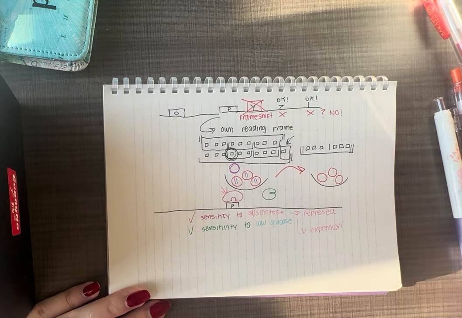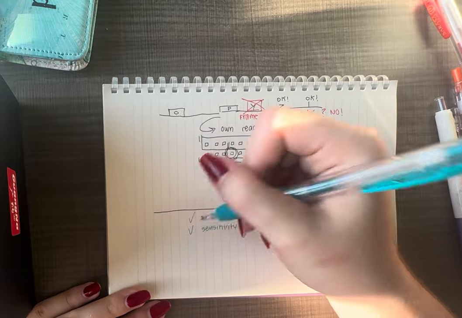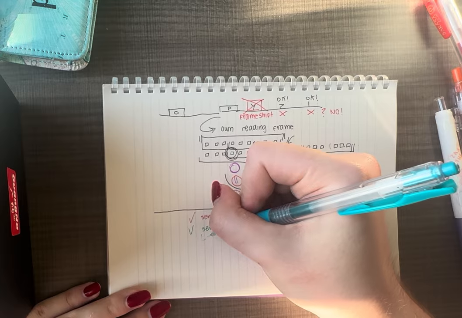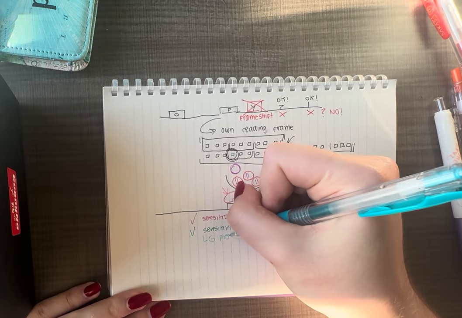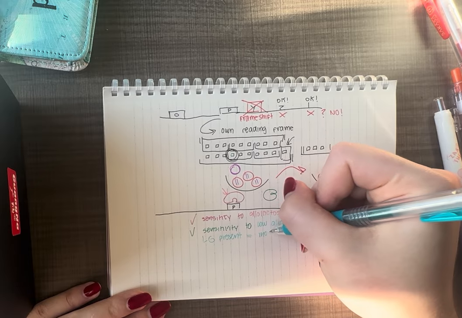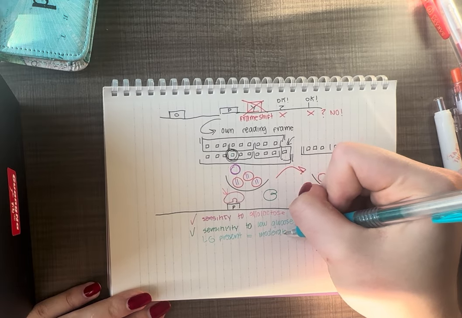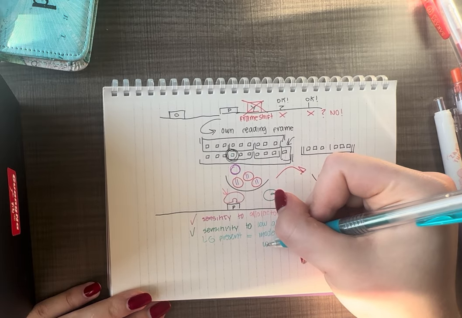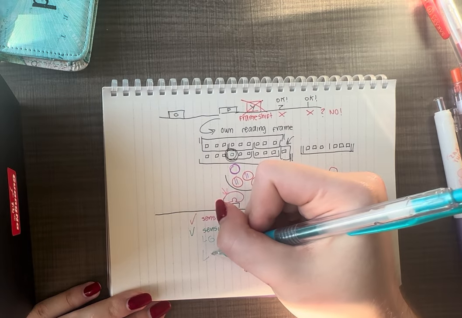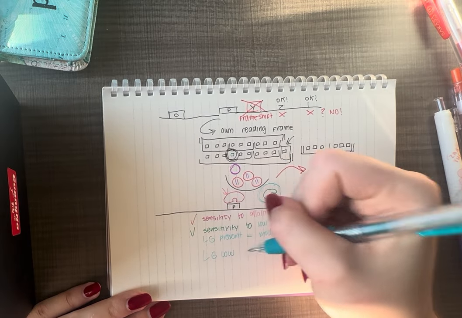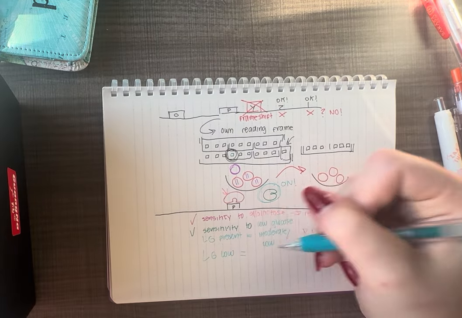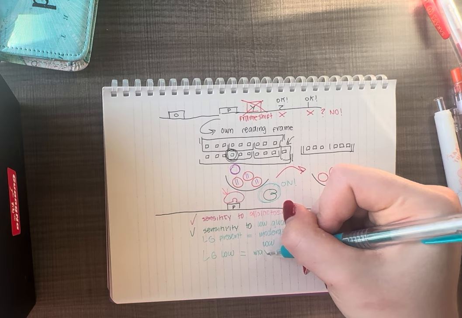And if you don't have low glucose, if you have glucose, that means you're going to have moderate to low expression, because you're not going to have the activator. But if glucose is low, that means the activator is going to be on, and you're going to have maximum expression.